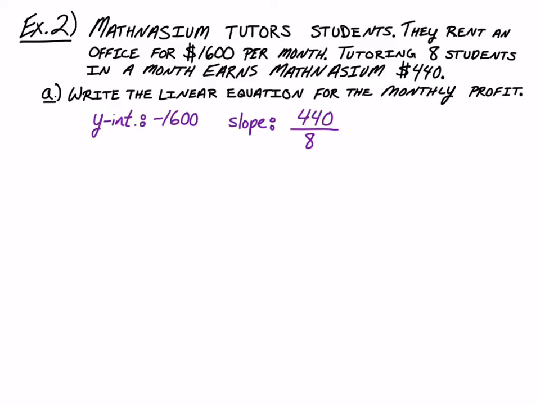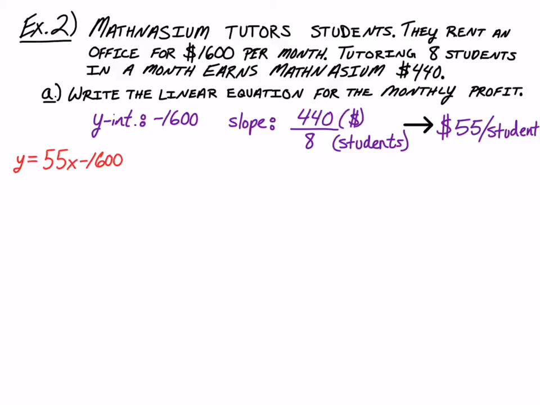If we simplify that down, money over students, we get 55, and let's be careful with the units here. We got money on top, students on bottom. So we're looking at $55 a student, what they get in profit. We'll assume it's fixed. They all get 1-hour sessions to make this thing easy. So that's our slope, $55 a student. So if we could go ahead and write the line, we got y equals 55x minus 1,600.